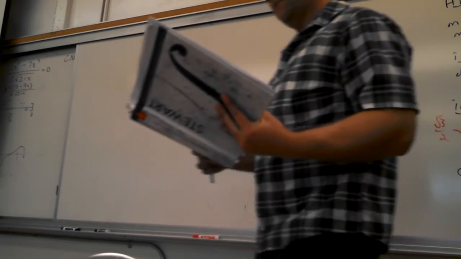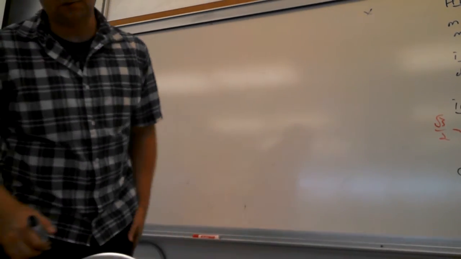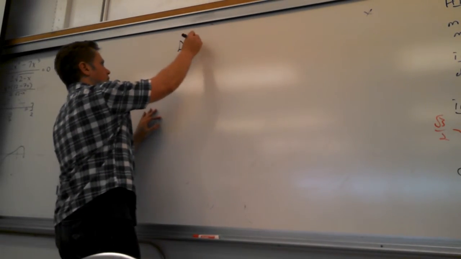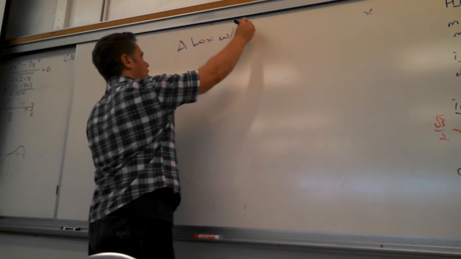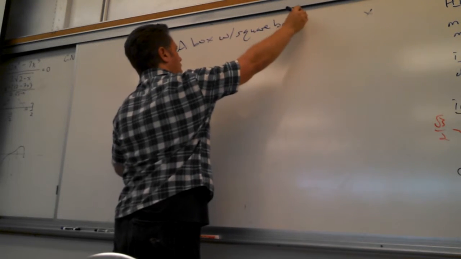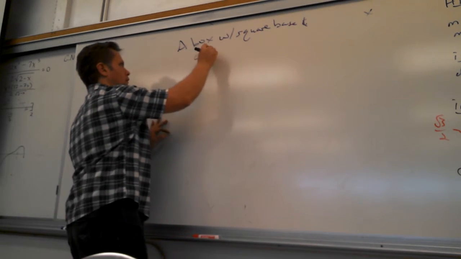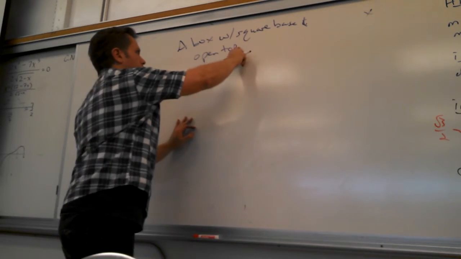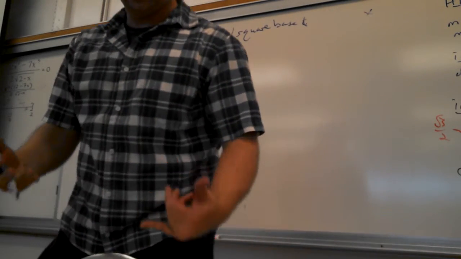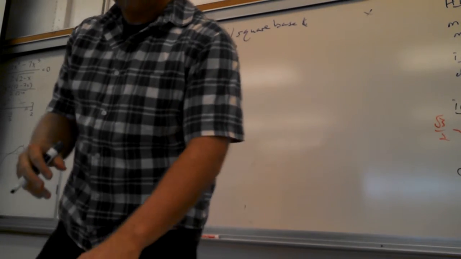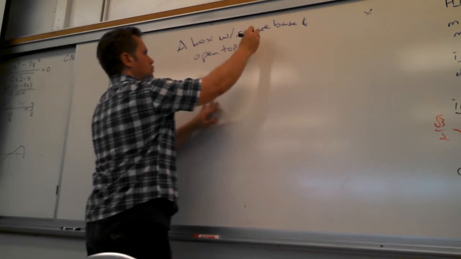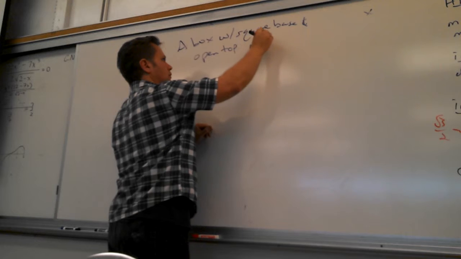Alright, let's see. Ooh, I like this one. A box with a square base and an open top. This is a classic. It must have a volume of 32,000 cubic centimeters.